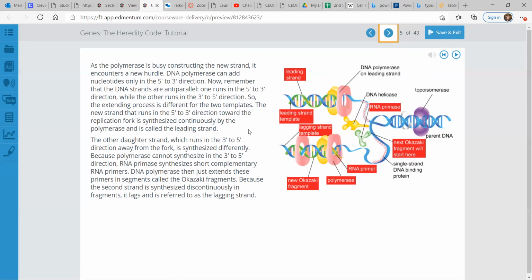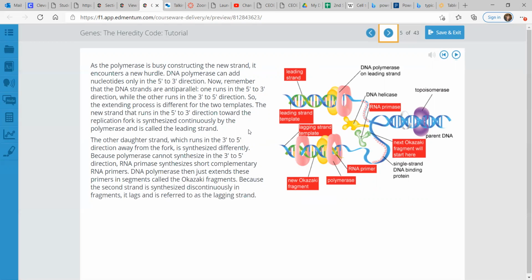As the polymerase is busy constructing the new strand, it encounters a new hurdle. DNA polymerase can add nucleotides only in the 5' to 3' direction. Now remember that the DNA strands are anti-parallel. One runs in the 5' to 3' direction, while the other runs in the 3' to 5' direction.